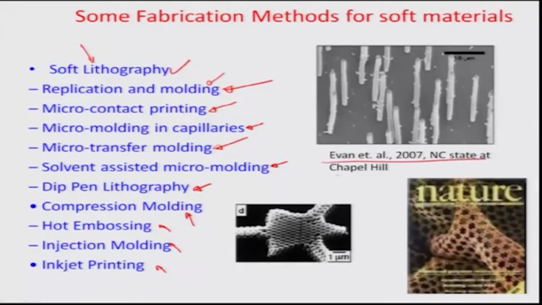And there's a very interesting example of what can be done with high aspect ratio structures of polymers. These are small cilia-like structures, probably several tens of microns tall and less than a micron, in the submicron range in diameter, and they are a composite between a polymer and some magnetic material.